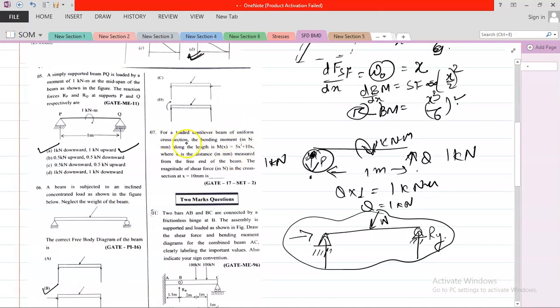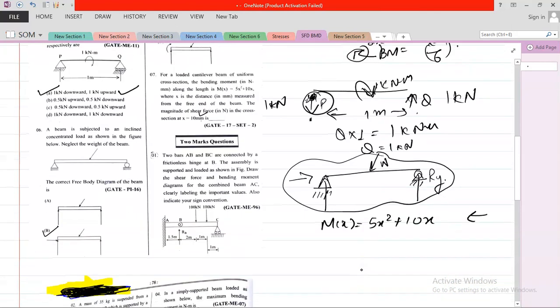For a loaded cantilever of uniform cross section, the bending moment is given from the free end of the beam. You need to find the magnitude of the shear force. You are given M of x, that is 5x square plus 10x, where x is from the free end, and you need to find the shear force. First of all, you know that dM by dx is the shear force, SF.